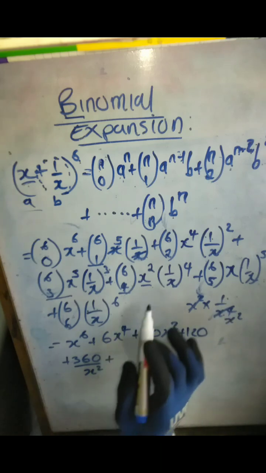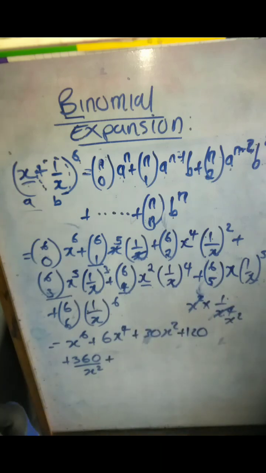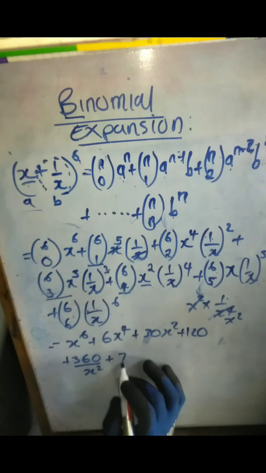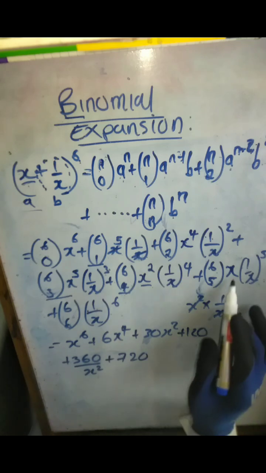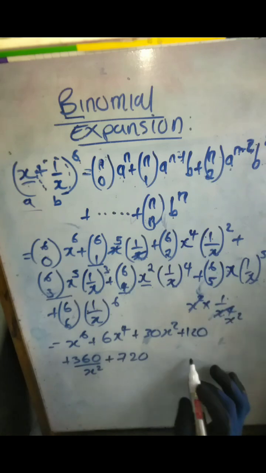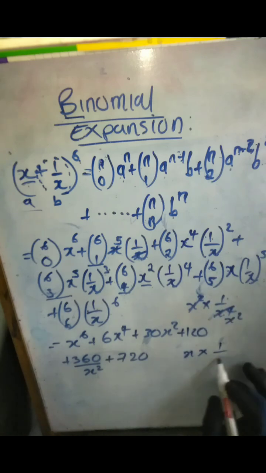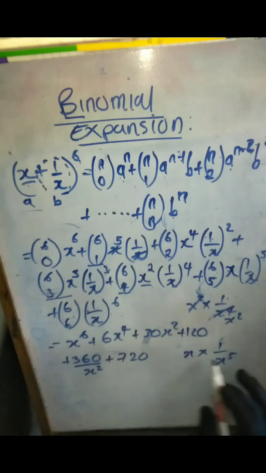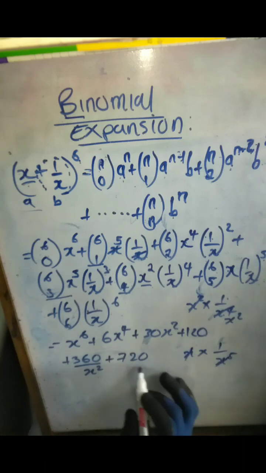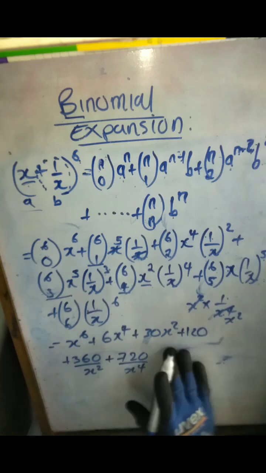Then plus, we come to the other one, 6 combine 5, we're going to have 720. Then here it's x multiplied by 1 over x to the power 5, so we'll cancel that and we'll cancel 1, so it will be over x to the power 4 in this case.